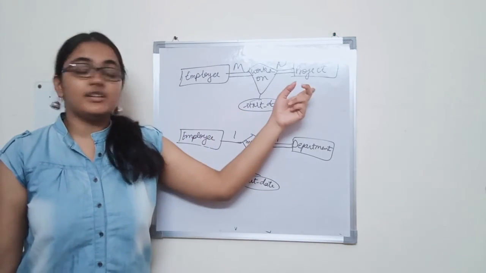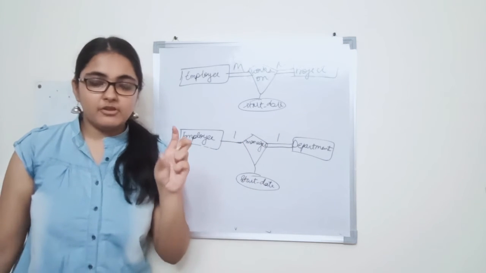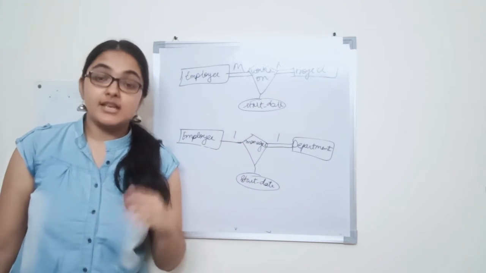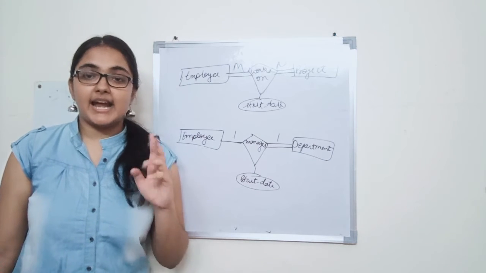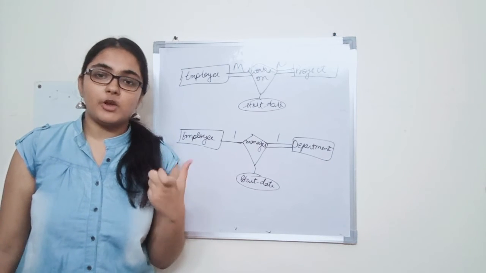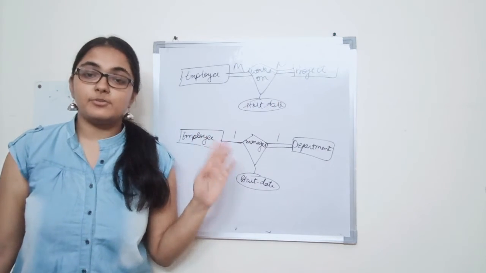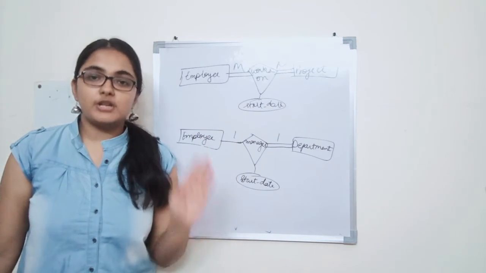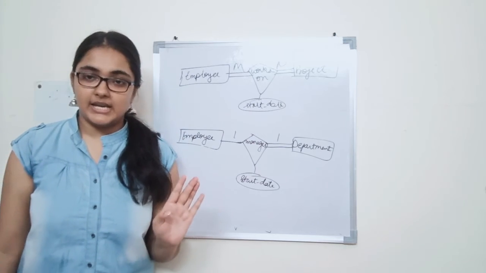Again, if we migrate it to the project entity type, what will happen is a project can be worked upon by many employees. So for every employee, it has to maintain the start date at which the employee has started working on the project. So both ways it will be a multi-valued attribute. So what we do is, we do not migrate the attribute of the relationship type to any of the participating entity types.